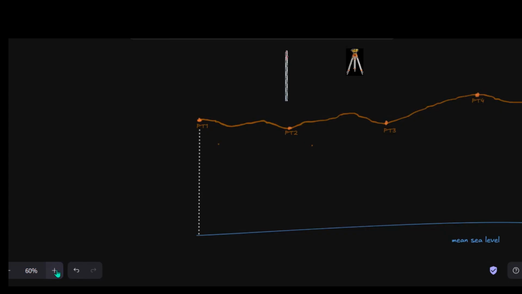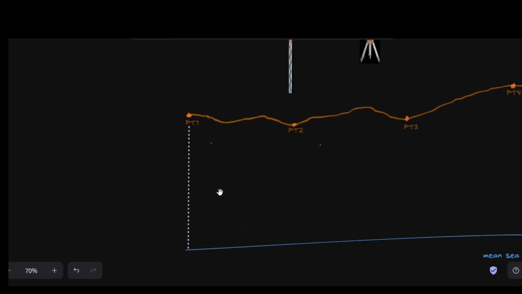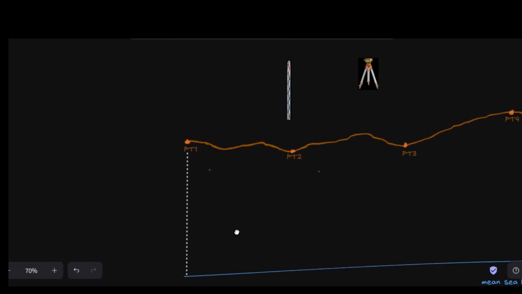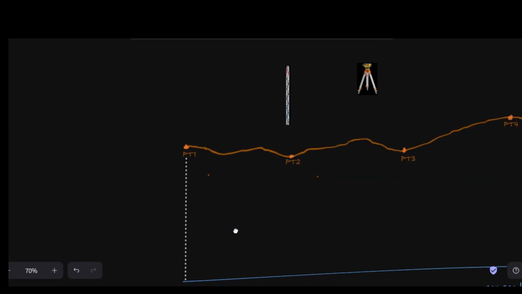Okay, so zooming in closer a bit. Now, these are my two instruments. We call this one the leveling staff, and we call this other one the instrument itself, the leveling instrument or the telescope. Now to determine the level of point 2, I must already know the level of point 1.